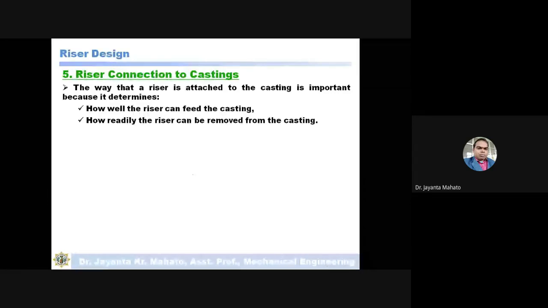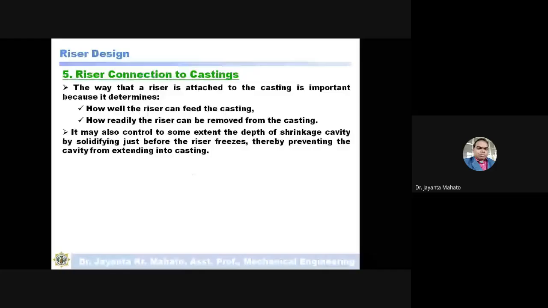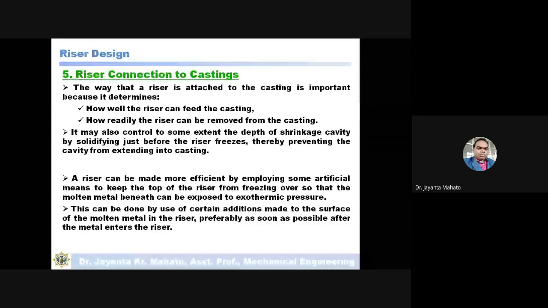So, according to these important parameters, the riser connection has to be designed in a proper way. Okay, so it may also control to some extent the depth of the shrinkage cavity by solidifying just before the riser freezes, thereby preventing the cavity from extending into the casting.